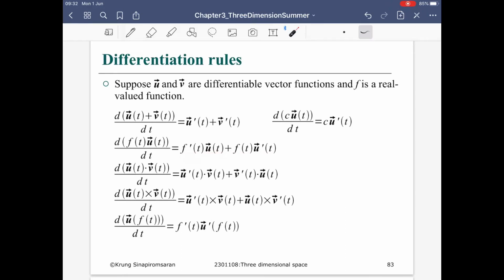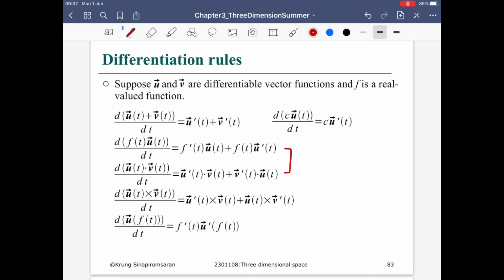But if you got two vectors, finding the dot product u dot v like this, again you can use the product rule, but now your product is a dot product. So it is the first dot with the derivative of the second, and the second dot with the derivative of the first. And for these two things, you can switch in any order.